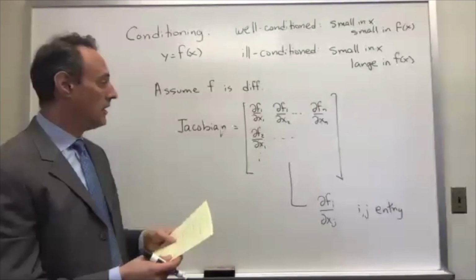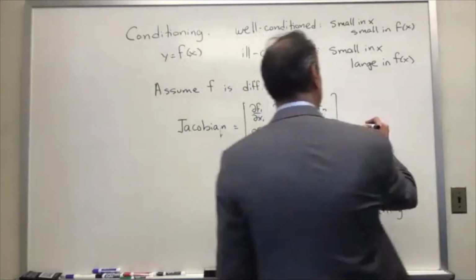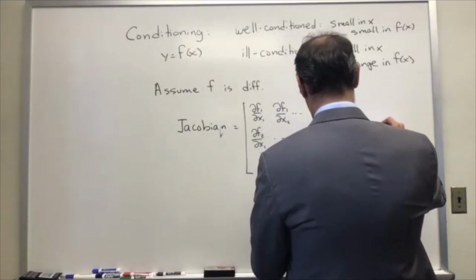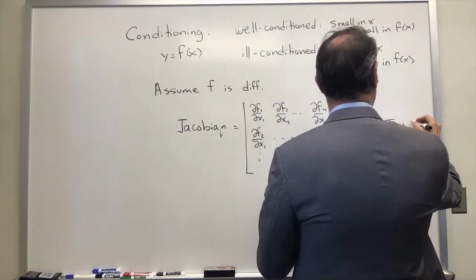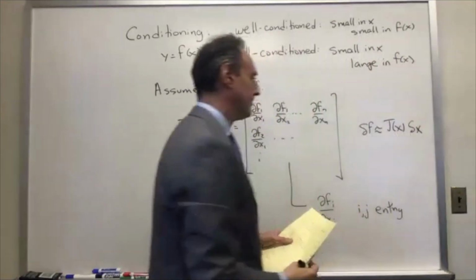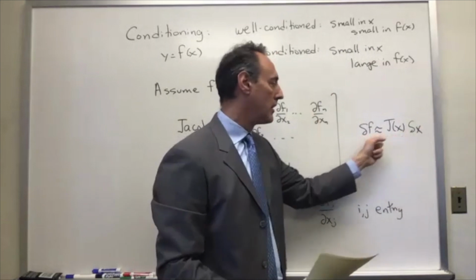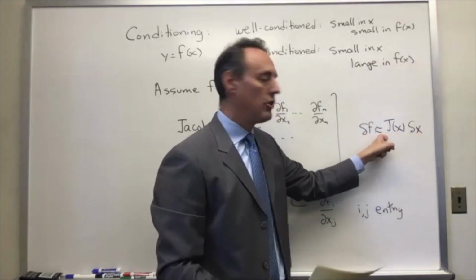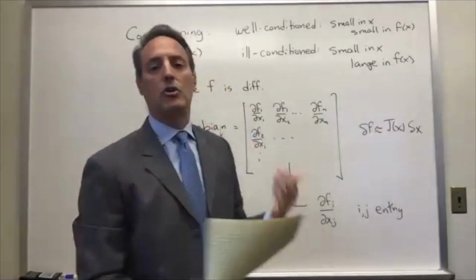In fact, what you really get from this is that df is approximately the Jacobian times delta x. So in other words, df over dx is the Jacobian; I just multiply it over. I use approximate here because this is equal as delta x goes to 0.